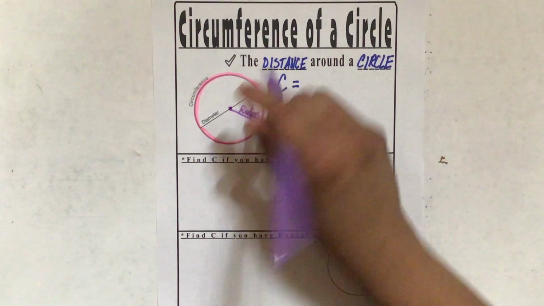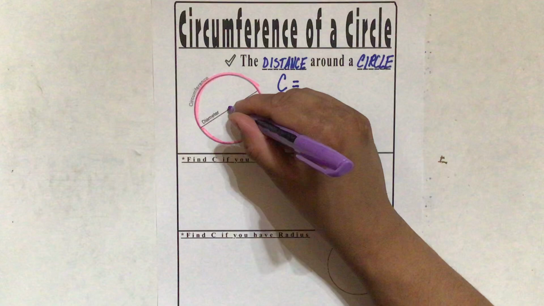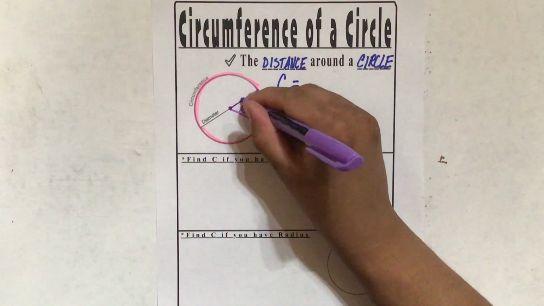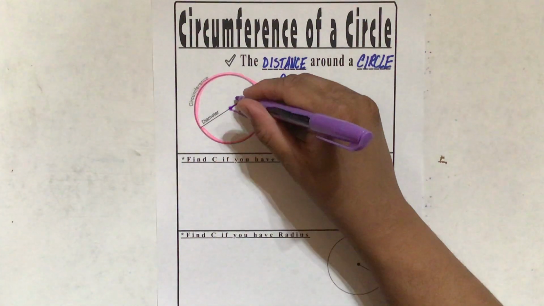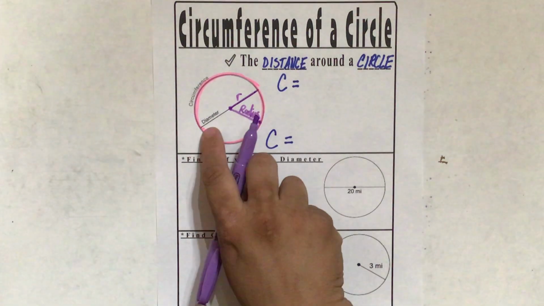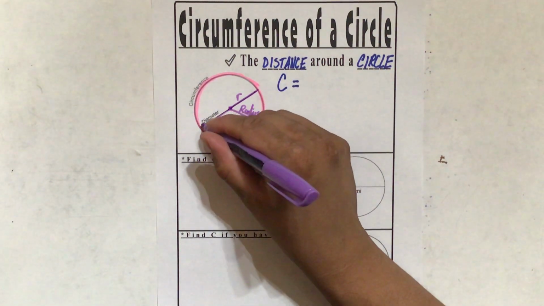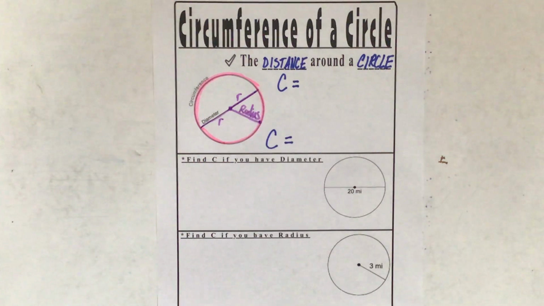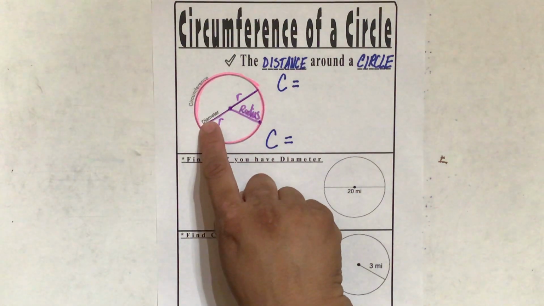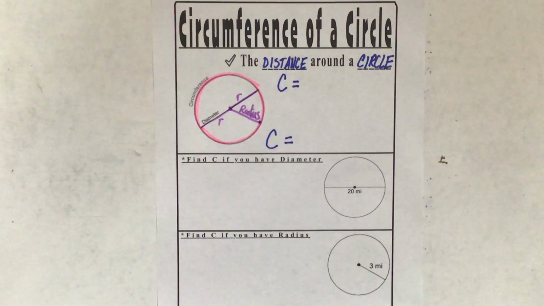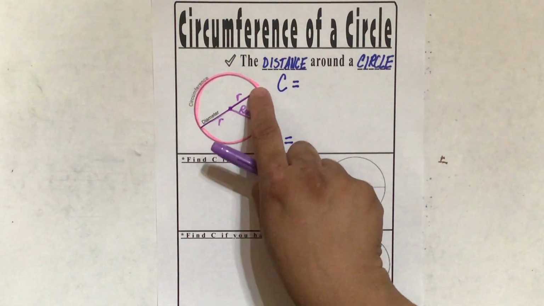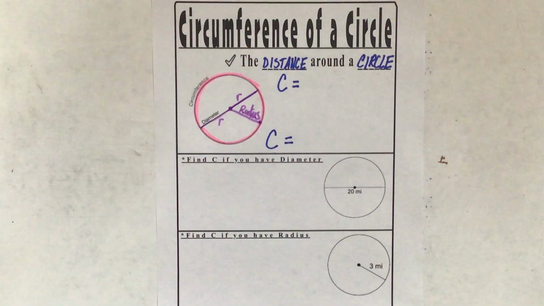So this diameter is made up of, look, from here is 1r, and from the center the other way is another r, another radius. So the diameter is equal to 2 r's. So the diameter is r plus r.